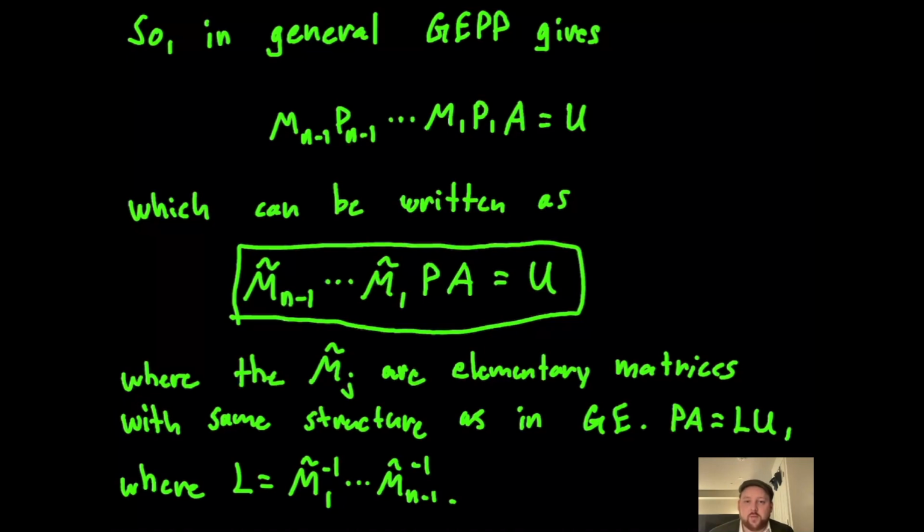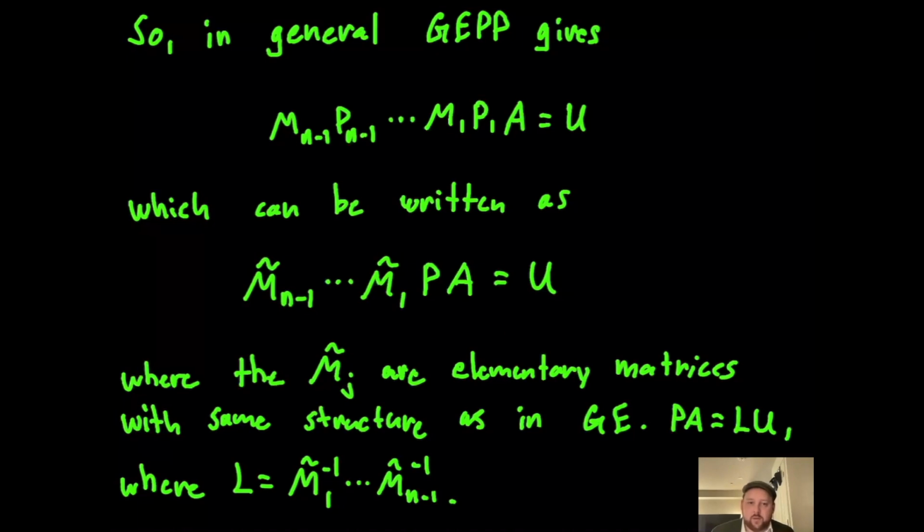So these tilde versions of M look exactly like the MJs, except with some of these entries permuted. And then the same argument that we made in the last lecture, what happens is that we can take L to be the product of the inverses of all of these tilde M's. And then at the end of the day, we will just collect the entries by reading off the entries of the M. If you remember, the idea was for MJ inverse, we basically take the same matrix and then just flip the signs of the subdiagonal entries.